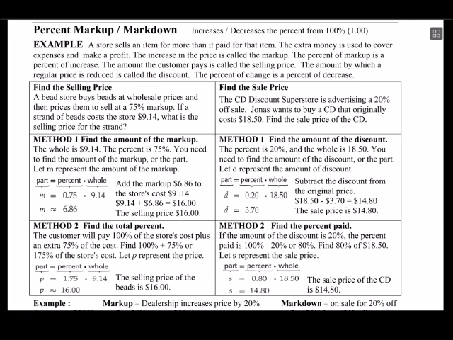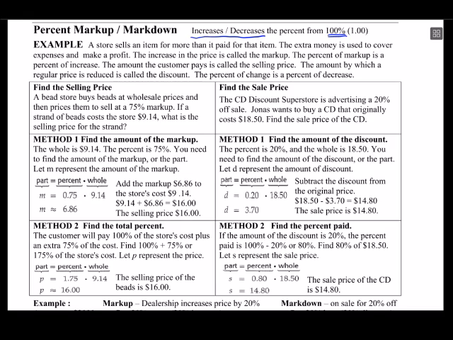Percent markup and markdown. These are our real world purchasing problems that we talked about. Markup and markdown is where we actually increase and decrease our percent from our 100%.